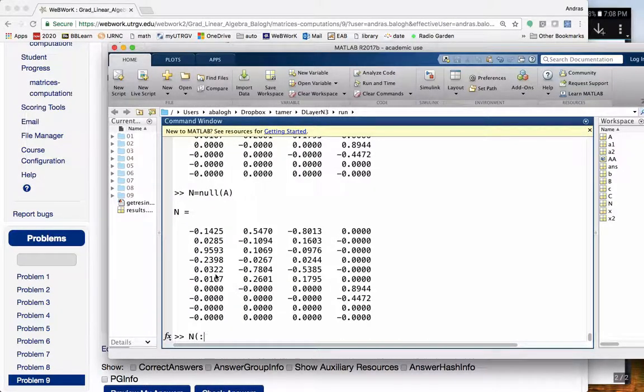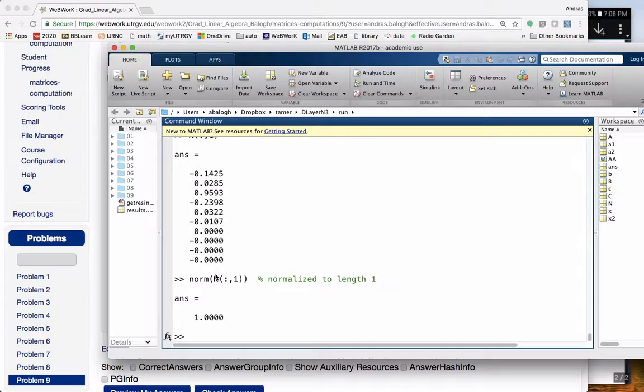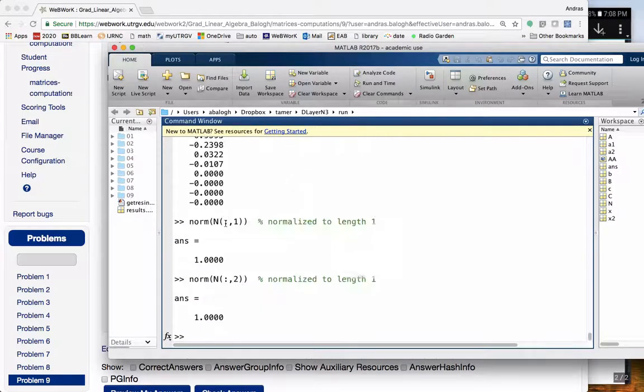So the first column, for example, is normalized to length 1. If I do a norm, then I get that it's normalized to length 1. And each column is normalized. So it's nice to have normalized vectors with length 1 to work with. But then the problem is that it has decimal numbers.